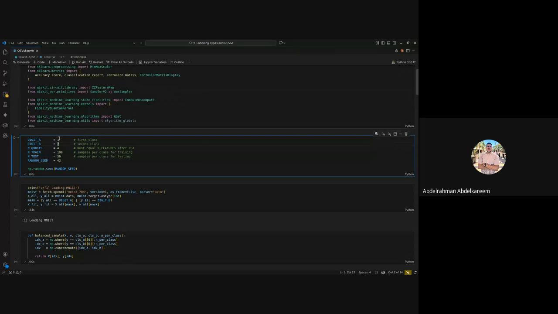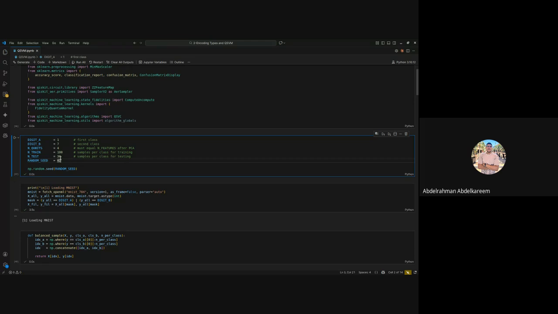You can change as you want. In qubits, I have chosen 4. You can choose whatever you want. So we will do PCA dimensionality reduction from these 784 into only 4 qubits, and we will use 100 samples for training. So the kernel will be 100 by 100, and for testing, only 30 elements.